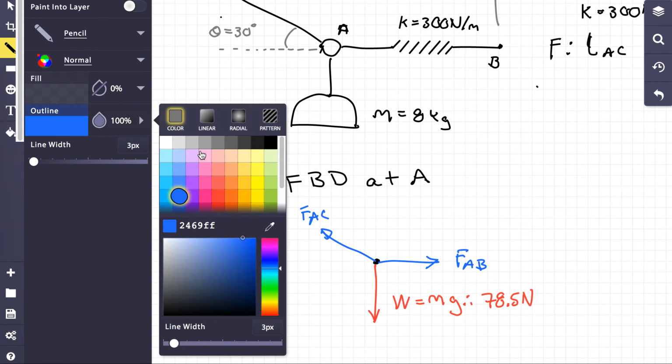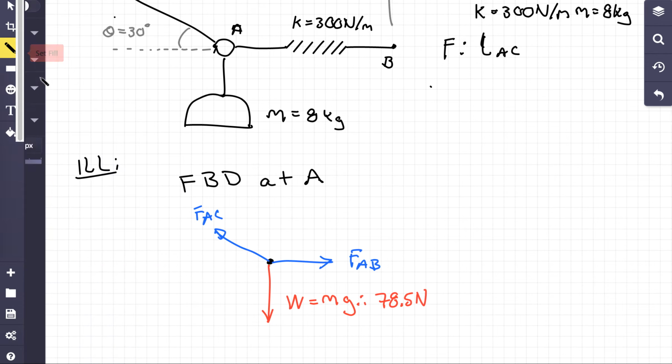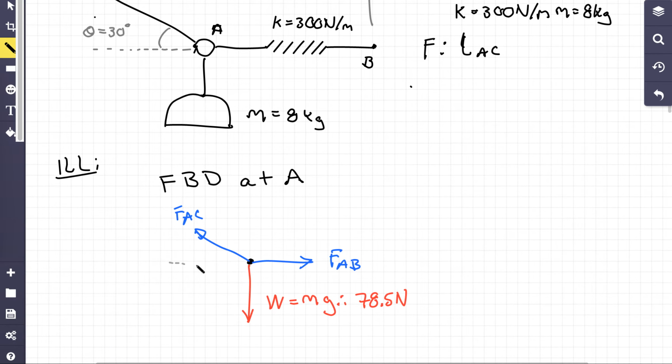We also know a little bit more information, so on our free body diagram, I'm going to put a theta there, and also a coordinate system on here. This is important. Notice that it's a particle and it's about a point. All of these forces converge at a point, and we're going to label this A.